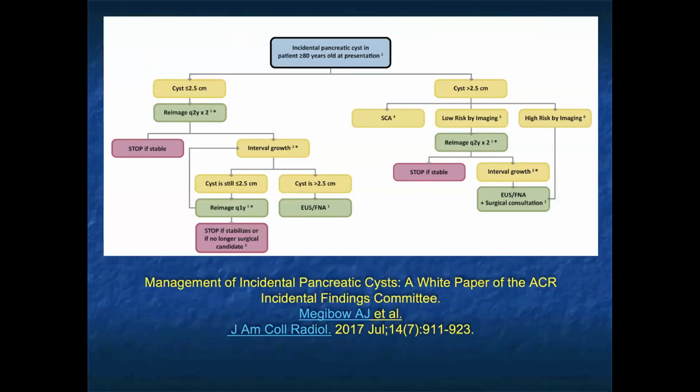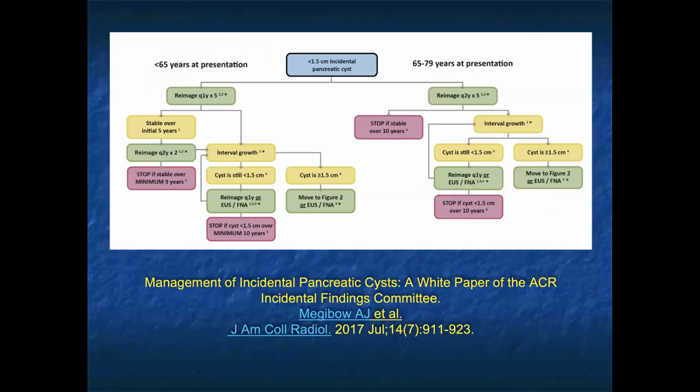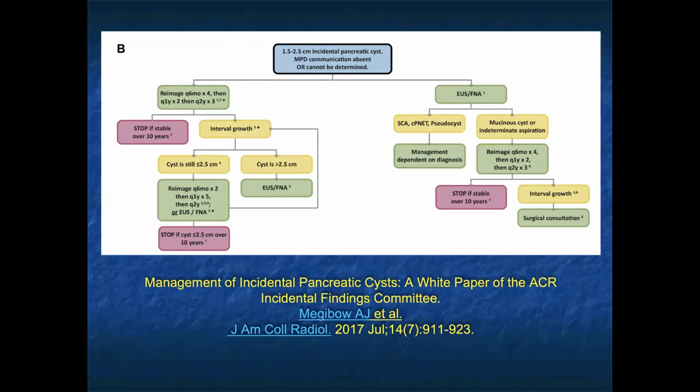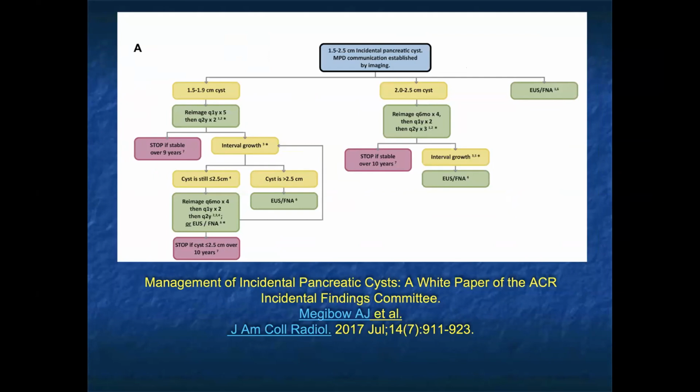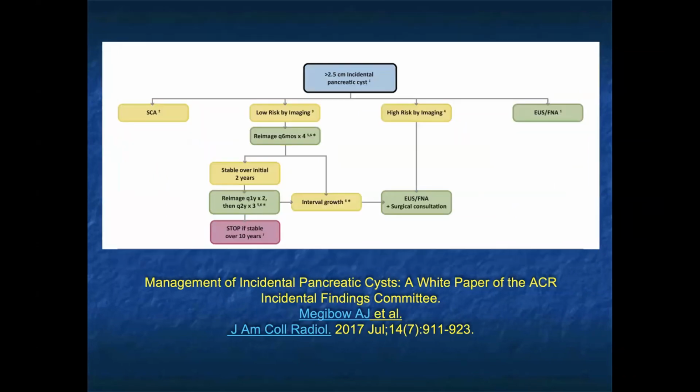And I won't go through this, but it pays to read this article. Despite the article, I think every institution has different ways of doing things. Now, this article goes through the different sizes of the cyst and its multiple flow charts. So I'll let you look at that at your own time. But I think at the end of the day, the big conclusion is you need to follow the patients with yearly follow-up.